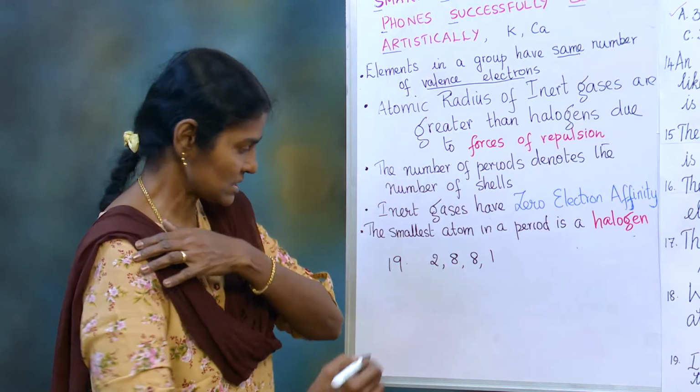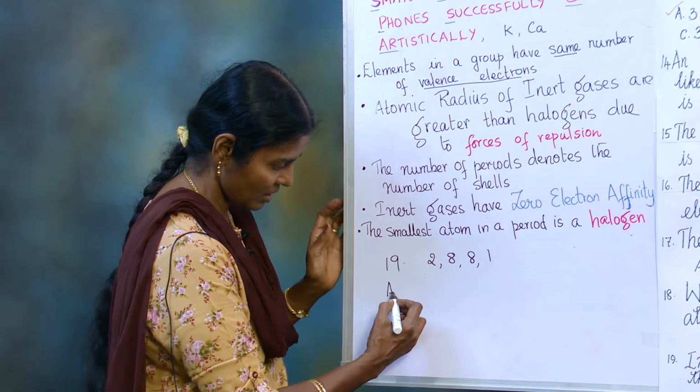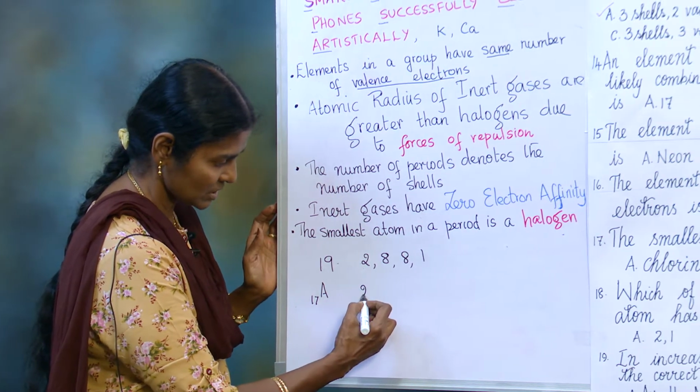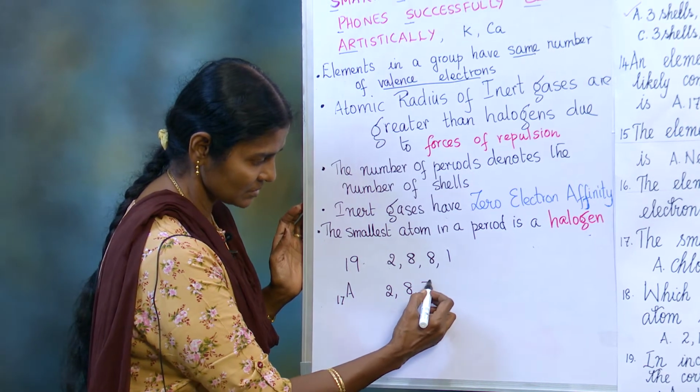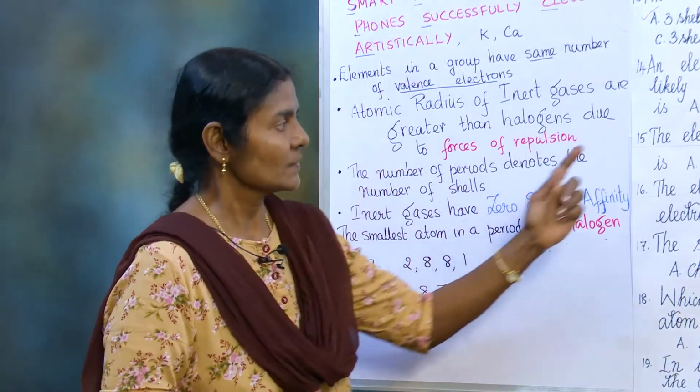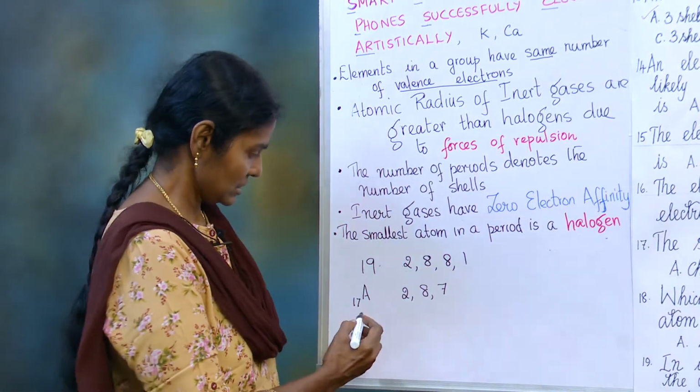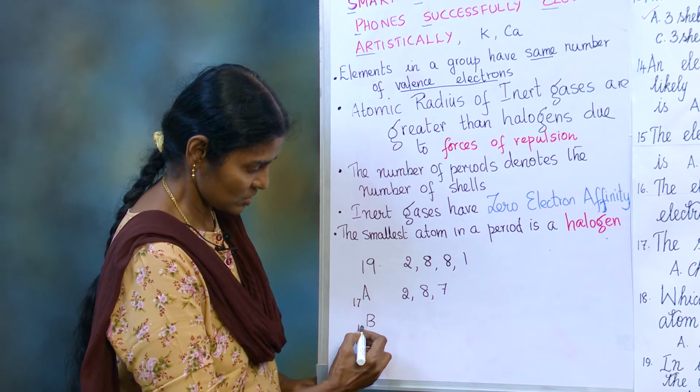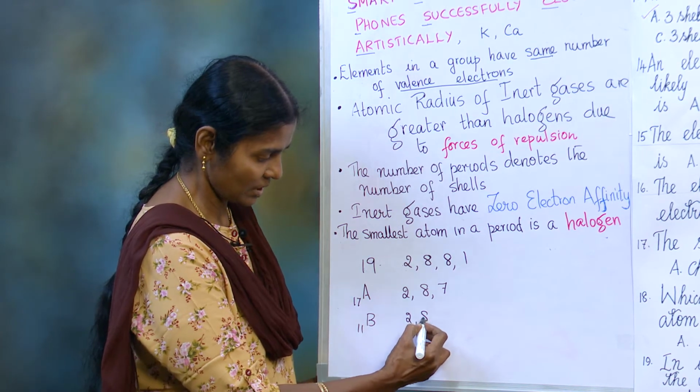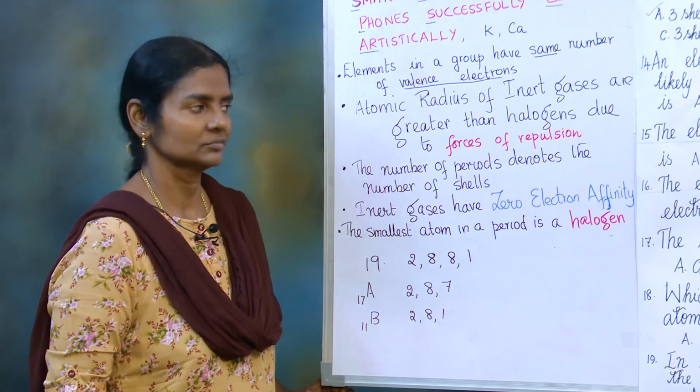Now let's go to 17. So option A is 17, which means 2, 8, 7. The option B is 11, which means it's 2, 8, 1. Okay.